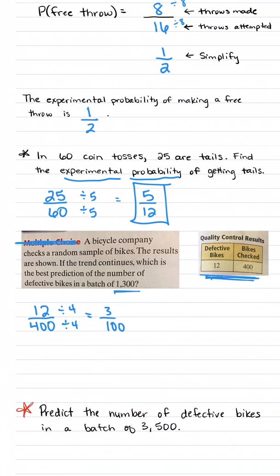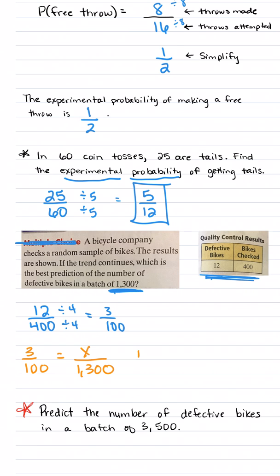Now we have to tie that into an equation with the batch of 1,300. 3 over 100 is going to equal how many defective bikes out of the 1,300.